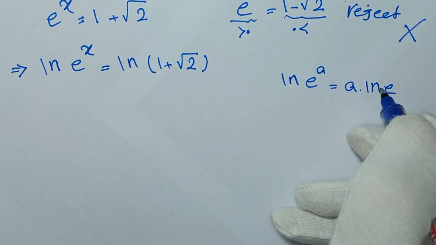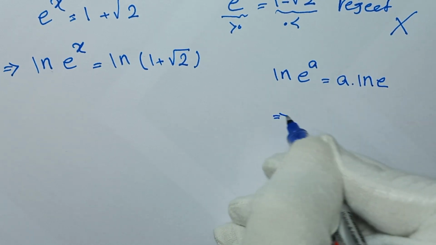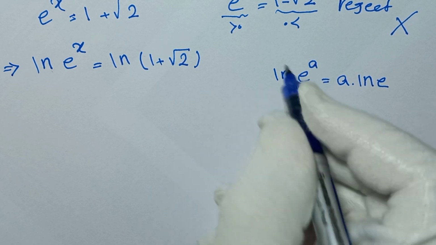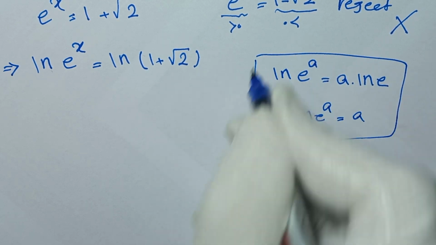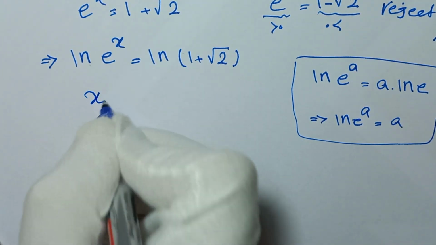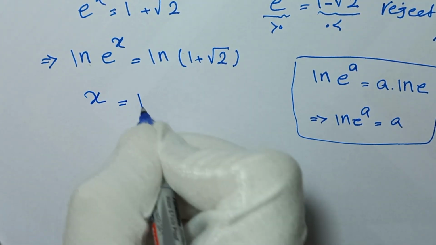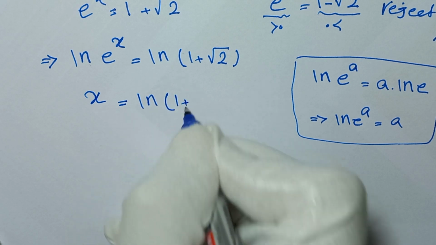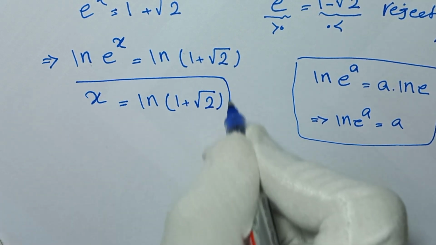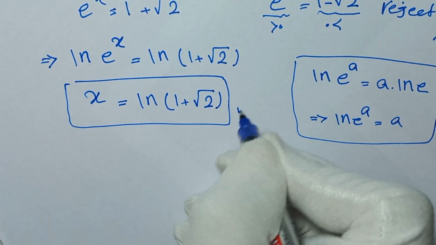And ln of e is 1, so ln of e^a is equal to a. So from here, ln of e^x = x, and that is equal to ln of (1 + square root of 2). And this is our final answer.